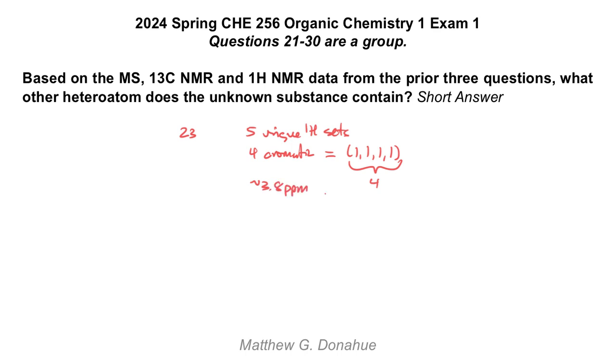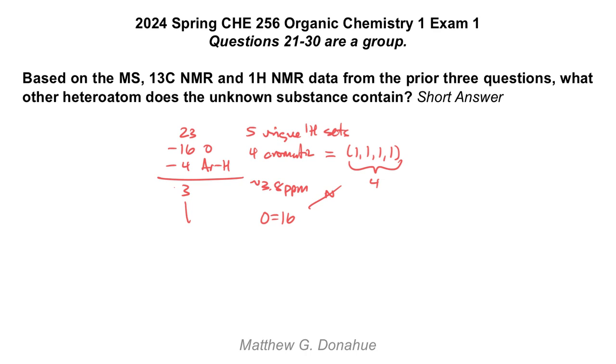We know that nitrogen is not present because the parent was not odd. So that really leaves us with oxygen. So if we do 16 for oxygen, 4 for aromatic H's, that's going to leave you with a mass contribution of 3.